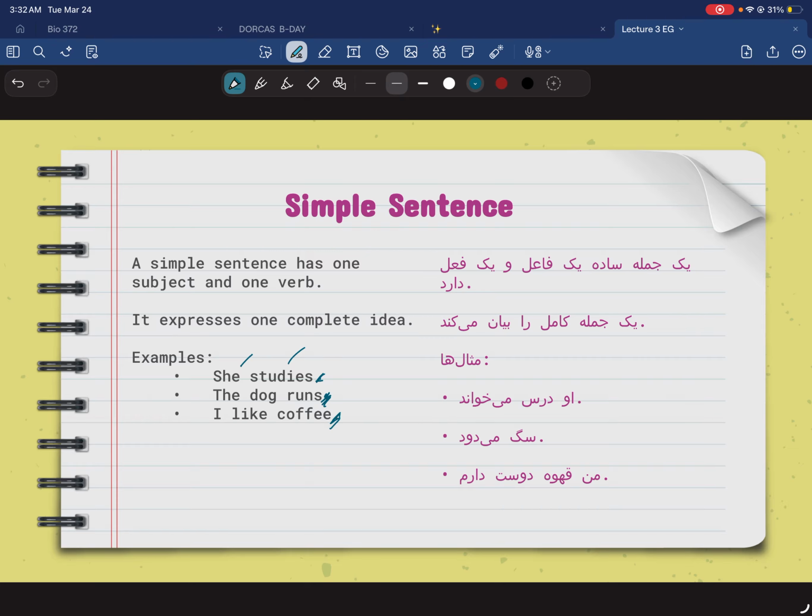There's no room for confusion. Okay, she studies. That's what we know. That's a complete idea, and that's going to be a simple, complete sentence. The dog runs, and I like coffee are also going to be simple sentences. And because these are all statements, they're not asking questions, they're not expressing strong emotions, nor are they connecting or separating ideas, you're going to end it with a period.